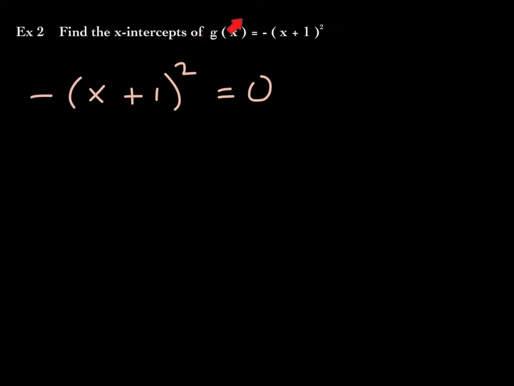So I'm letting this left-hand side, function notation, be 0. And then instead of saying 0 is equal to this expression, I'm saying this expression is equal to 0. In other words, I'm just putting the equal to 0 part on the right-hand side. Okay, so watch how I solve this.